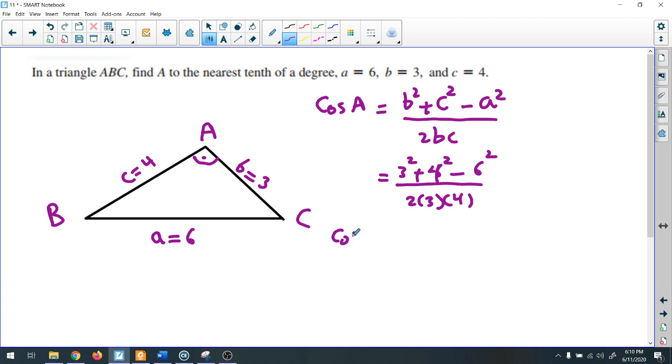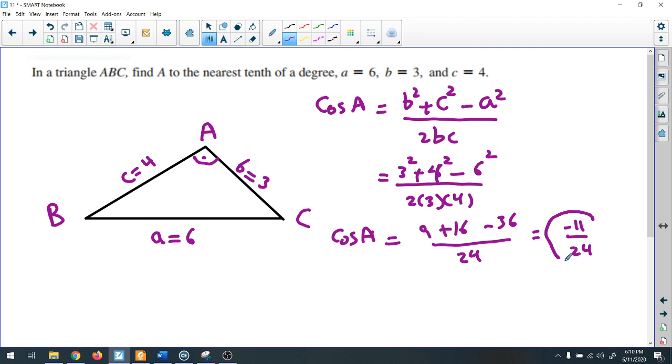So cosine A equals 3 square is 9 plus 4 square is 16, minus 36, divided by 2 times 3, 6, times 4 is 24. Simplify that. 9 plus 16 is 25. 25 minus 36 is negative 11 over 24.